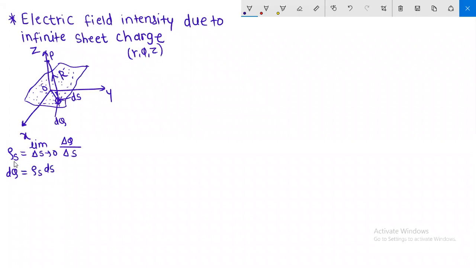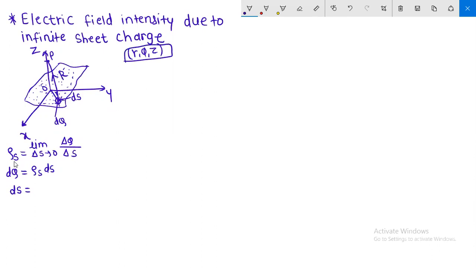Now I want to find this ds, because the differential surface area is different for every coordinate system. We have seen that. So what is the differential surface area for this sheet? Imagine we are placing the sheet at ground floor, meaning the sheet is in the xy plane, but here we are considering cylindrical coordinates.